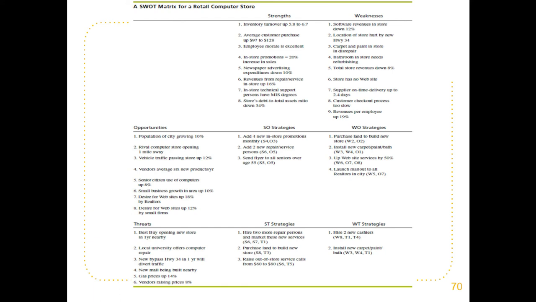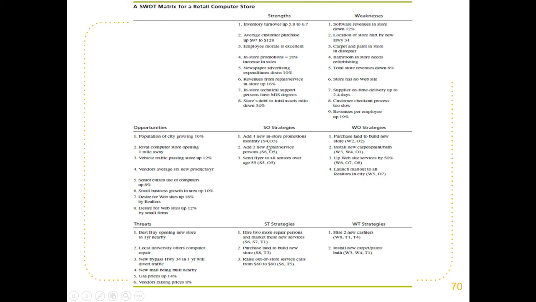For example, this retail computer store business needs to purchase land to build a new store because a new highway will make its location less desirable. So this is your so-called SWOT matching.